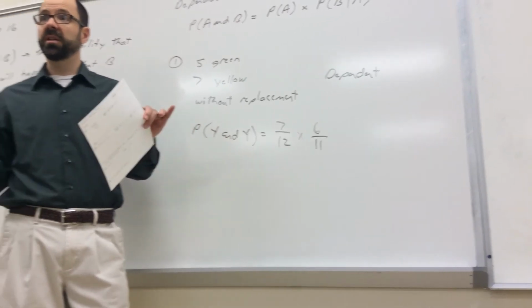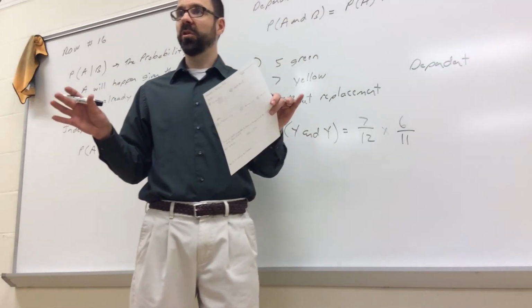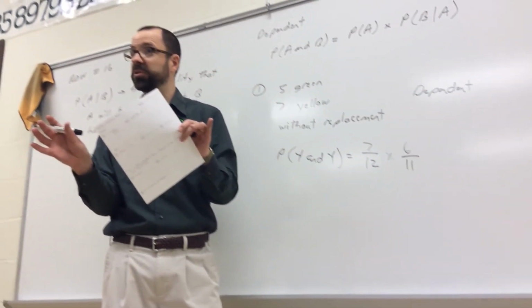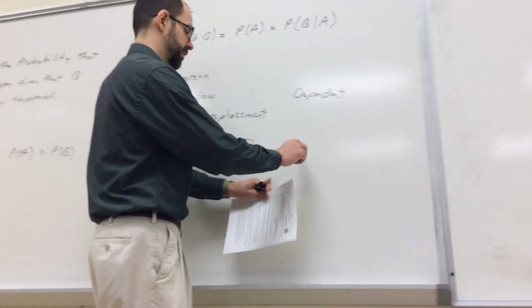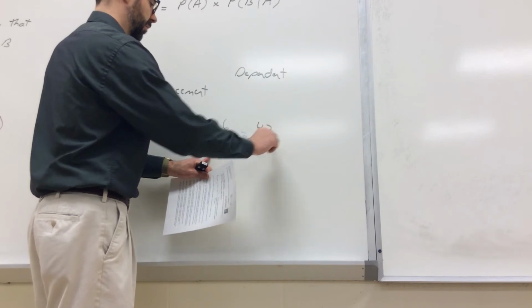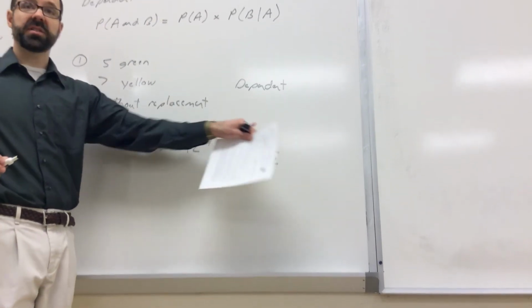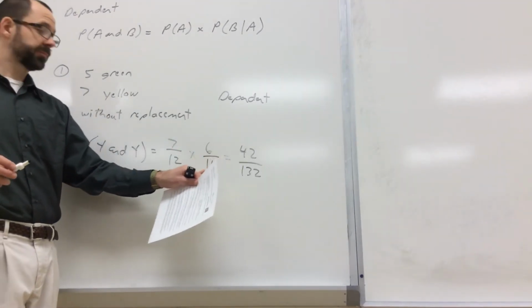The chances of getting two things happening overall, or at the end, both of them happening, is the probability of the first one multiplied by the probability of the second one. So that comes out to 42 over 132. So I just took 7 times 6, and that's 42. And 12 times 11, that's 132.